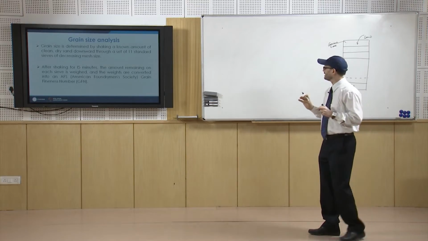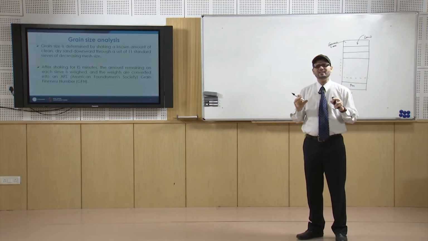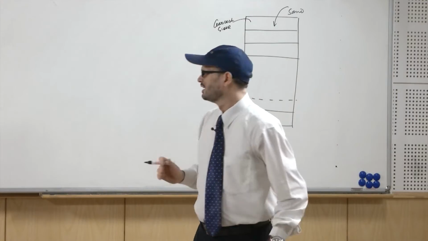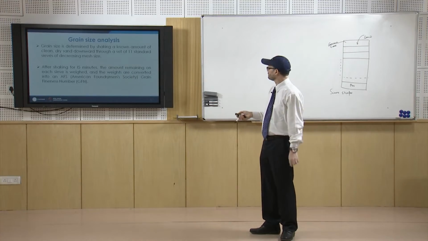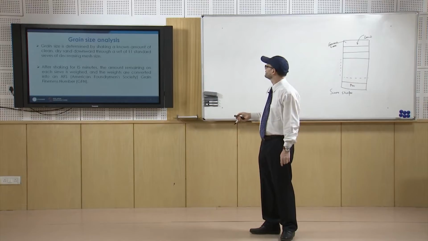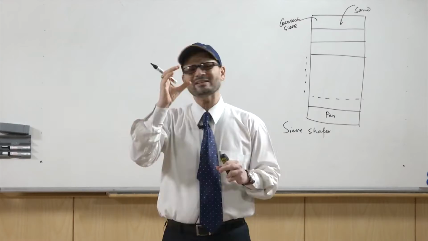This is defined by the American Foundrymen Society, and that number is defined as the grain fineness number. Basically it is defined in terms of standard sieves of 280 mm diameter, with the grain fineness number relating to the respective number of meshes.